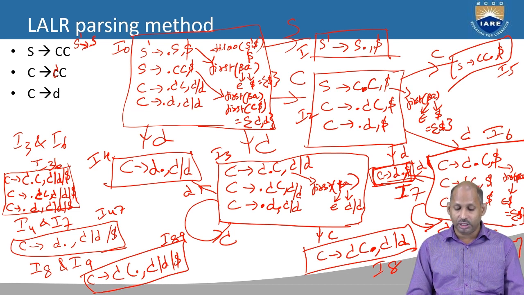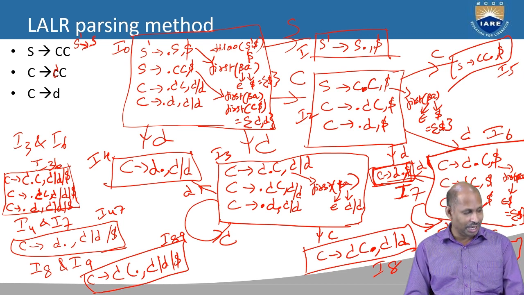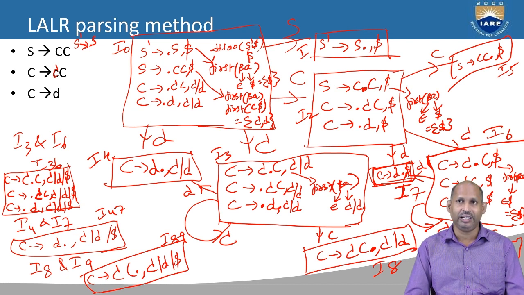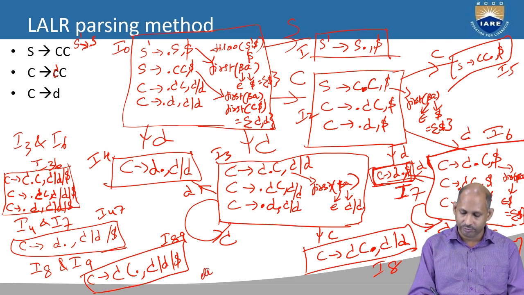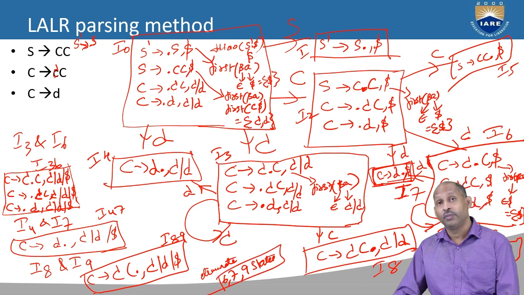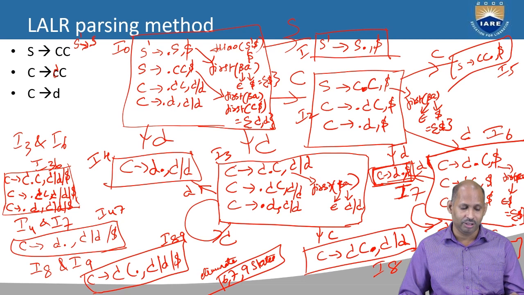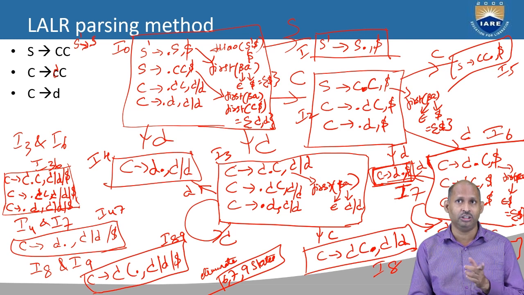So we can eliminate states 6, 7 and 9. In canonical LR, there will be 10 states, I0 to I9.